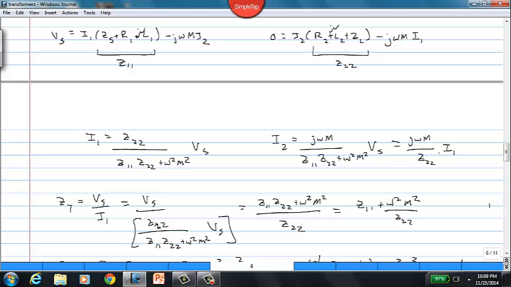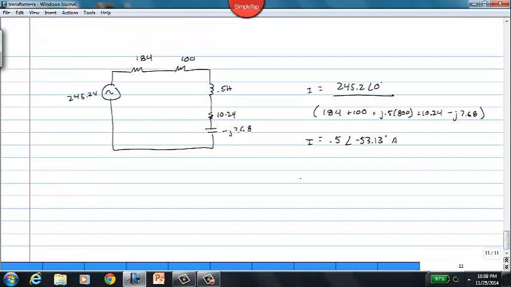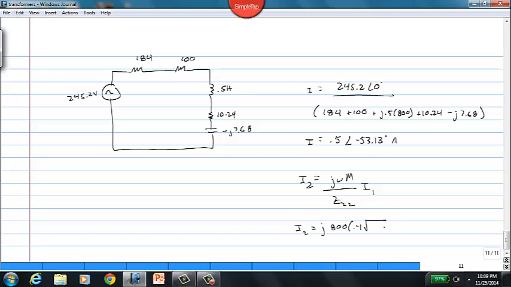We see that I2 is equal to J omega M over Z22 times I1. That is, I2 is equal to J times 800 times M, which was 0.4 times the square root of 0.5 times 0.125. We need to divide that by Z22.